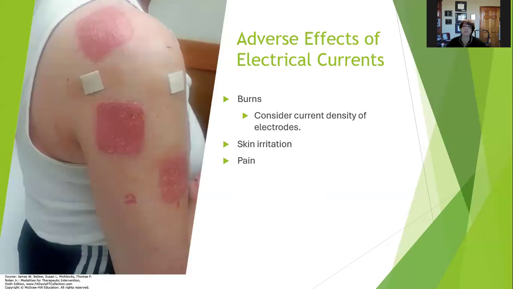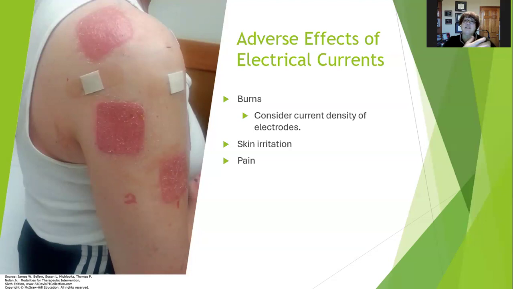So the potential adverse effects, you could burn people with electrodes. And we'll talk about the current density and how that's affected. A lot of times when you get burns, it's where somebody had an open wound or skin irritation to begin with, and that's why it's a precaution.